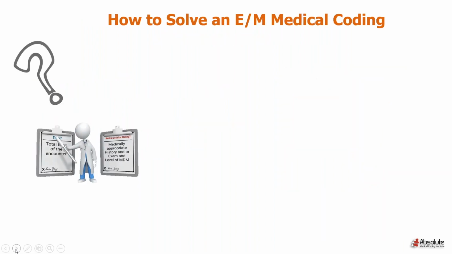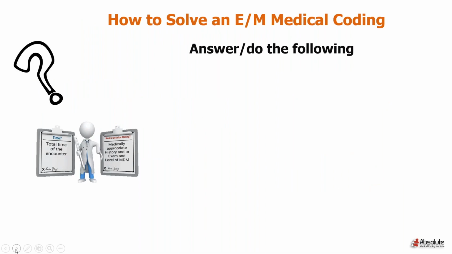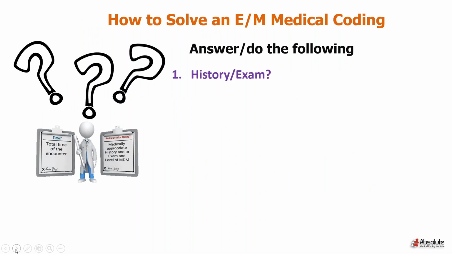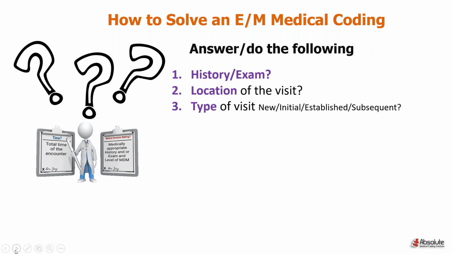So how to solve the E&M medical coding? Answer question sections. Yes, we have a few questions and we answer them for all the E&M medical coding scenarios: whether there is a medically appropriate history or exam performed, the location of the visit, where the visit happened, and the type of the visit, whether it's a new patient, initial, established, or subsequent visit, and the total time of the visit.